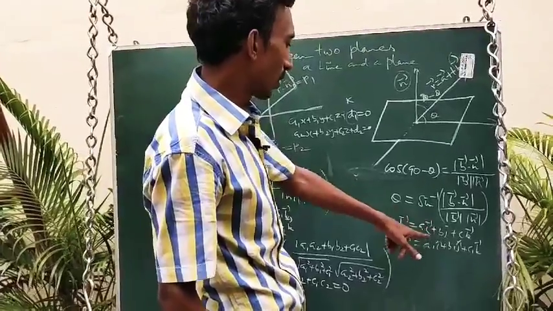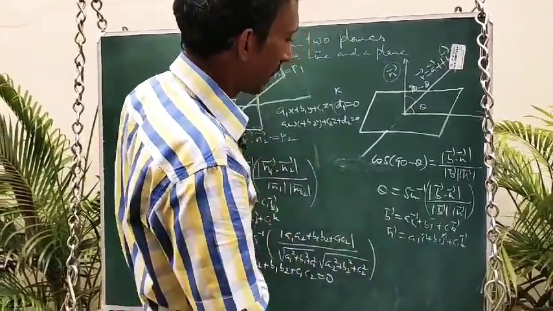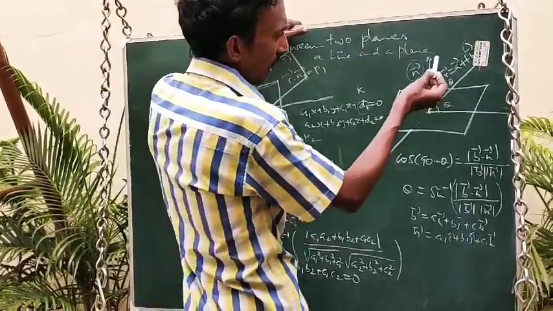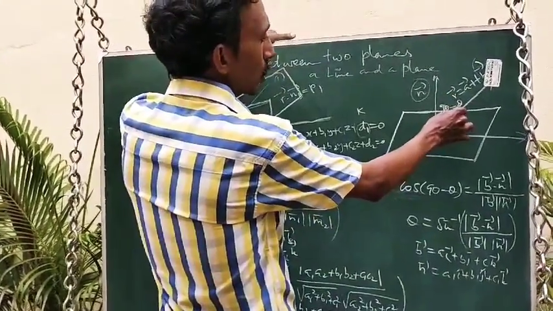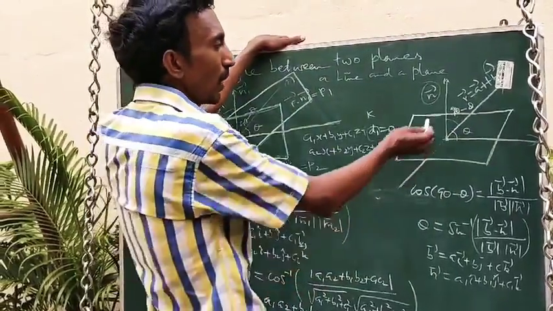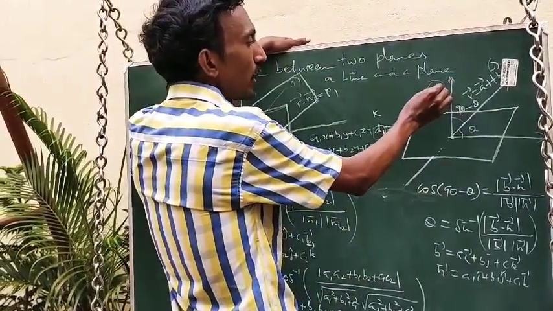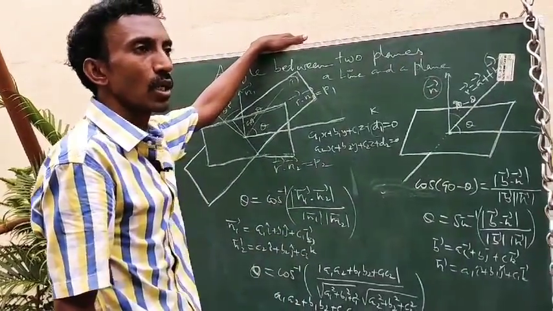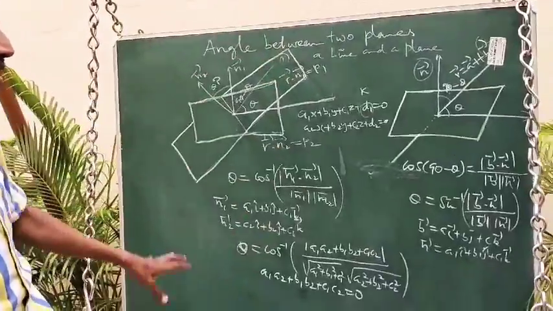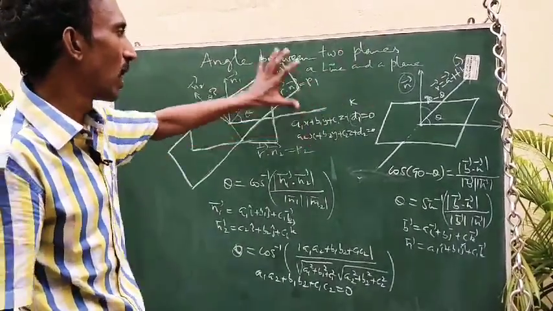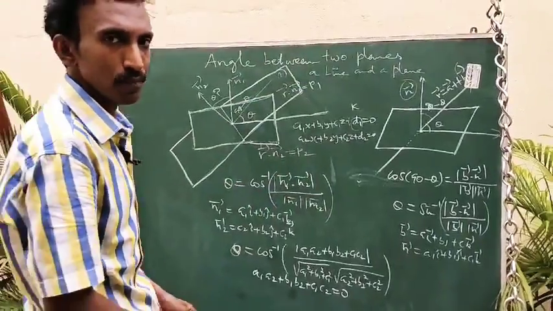So a by a1 equals b by b1 equals c by c1. And on the other hand, suppose the straight line is parallel to the plane, then obviously it is perpendicular to the normal. So in that case b dot n equals 0. So this is the concept regarding the angle between two planes and the angle between a line and a plane. So remember the concept.